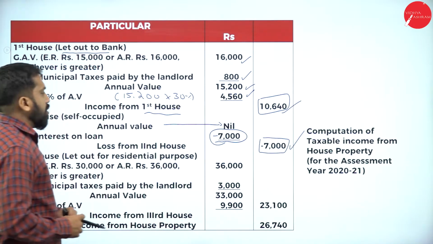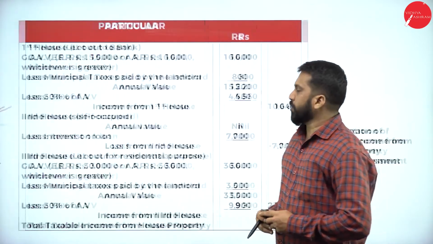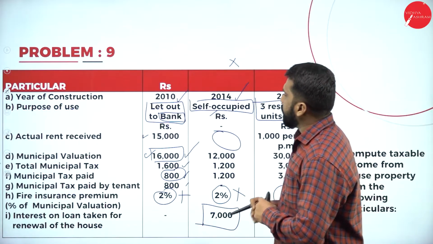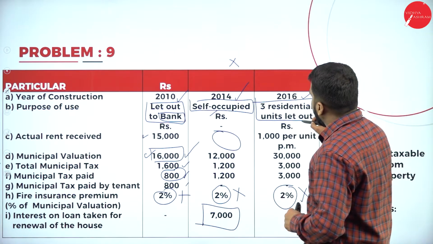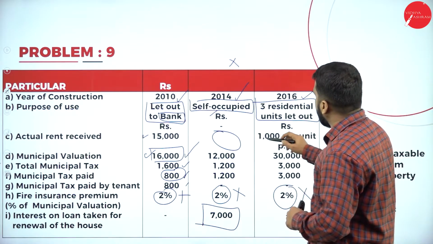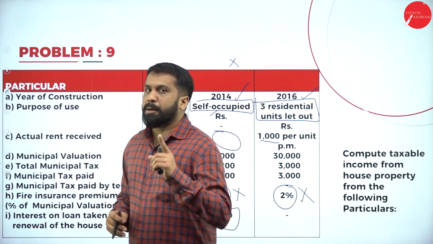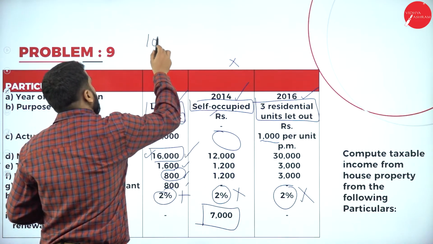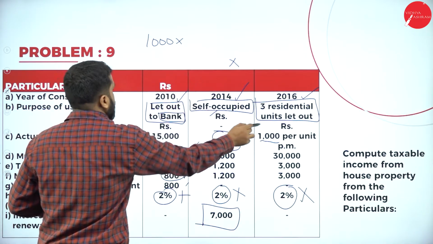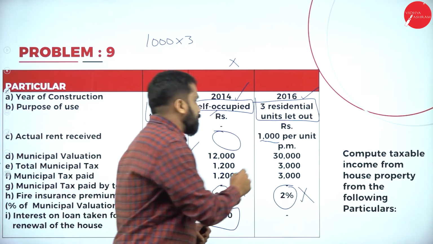Now we'll go for your house 3, third house. I'll go back to your question. In this, your third house, 3 residential units let out. So what is the value? 1,000 rupees per unit. Per unit means per house. 1,000 rupees into how many units? 3. This is given per month.